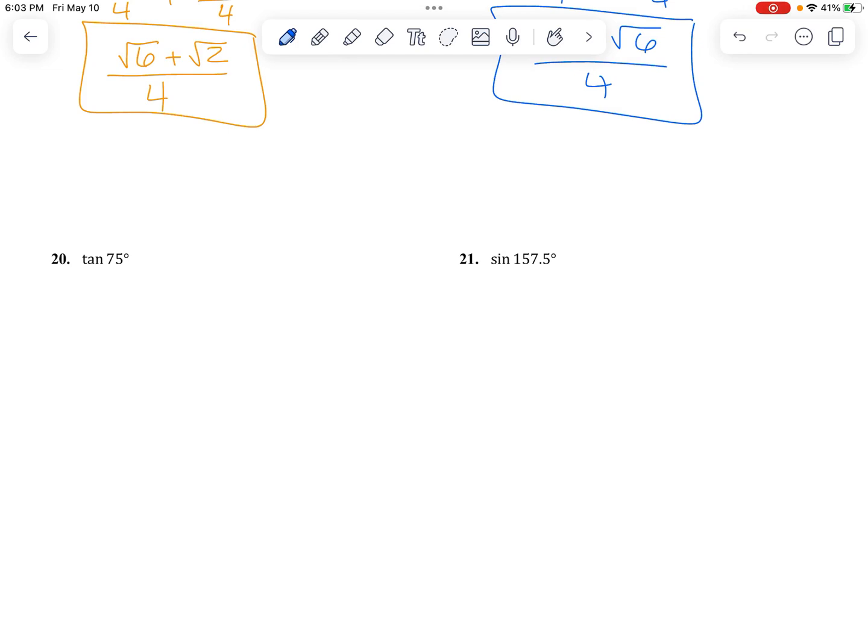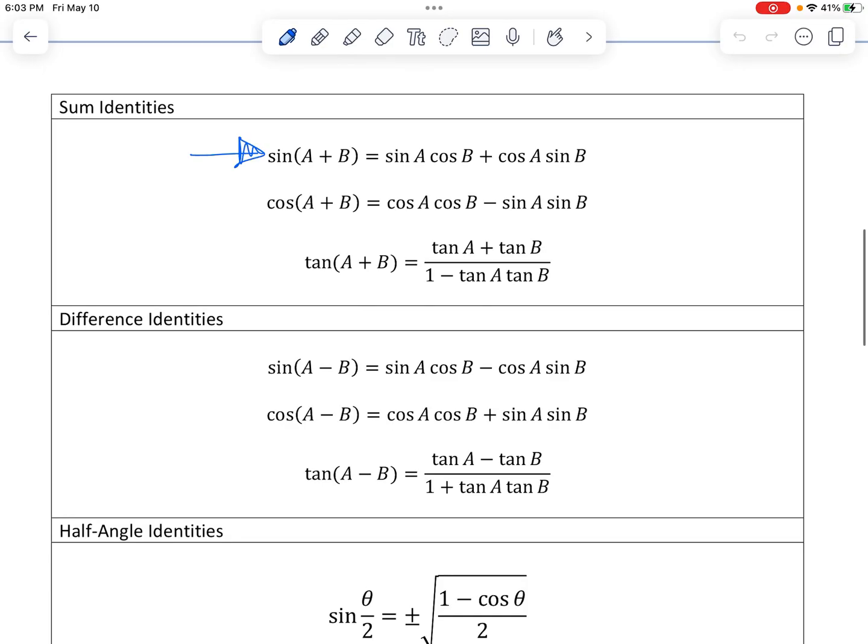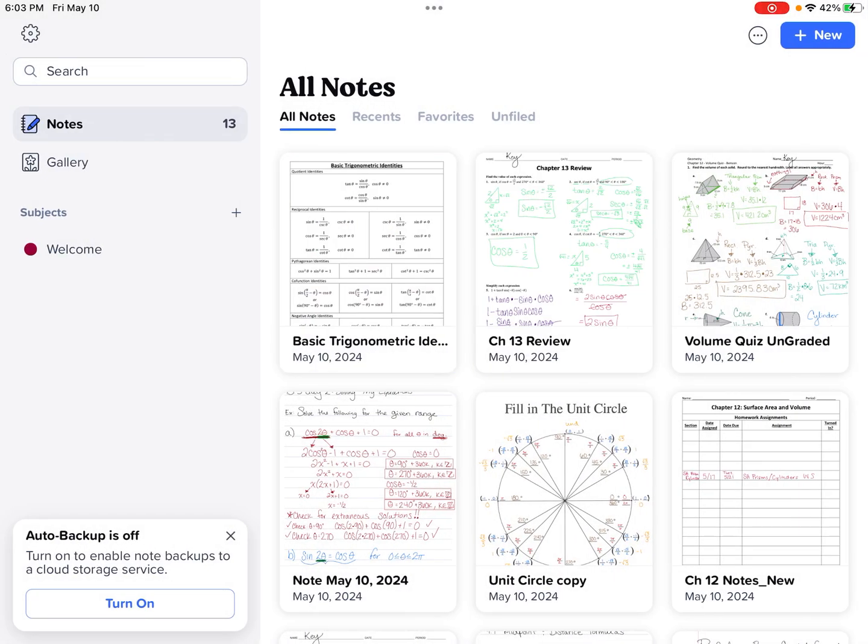Tangent of 75 degrees. Now, my brain initially says tangent of 45 plus 30. But remember that the sum and difference identities for tangent are fractions, and therefore I don't want to put a fraction into a fraction. So for tangent, we avoid the square root of 3 over 3's.